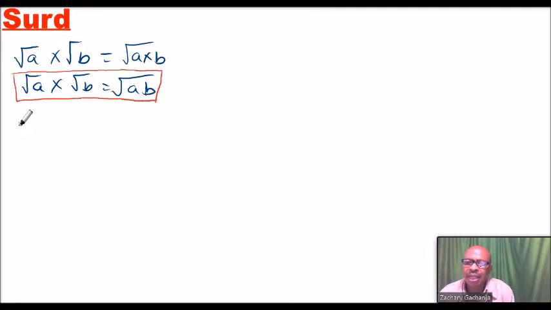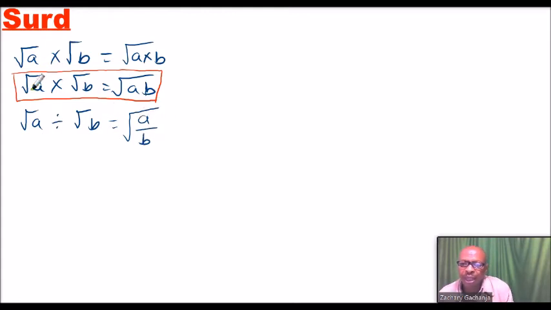Another one that we need to note is that when you are dividing, the root of A divided by the root of B is equal to the root of A divided by B. Very important.